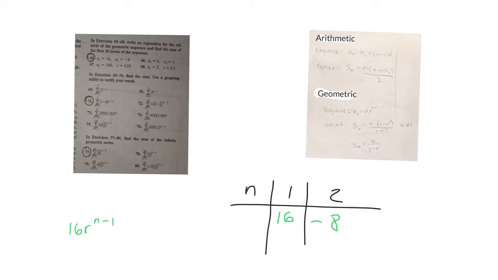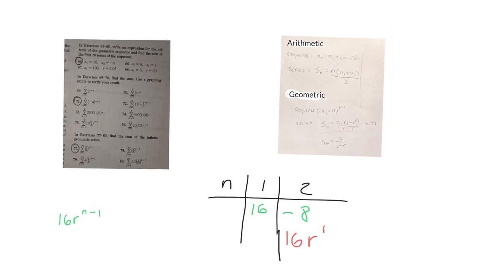But what else do we know about this second term? We know that it was formed by doing 16 times r to the n minus 1. What's n? n is 2, so 2 minus 1 is just 1. So that's going to be 16 to the first power. We know that 16r equals -8.